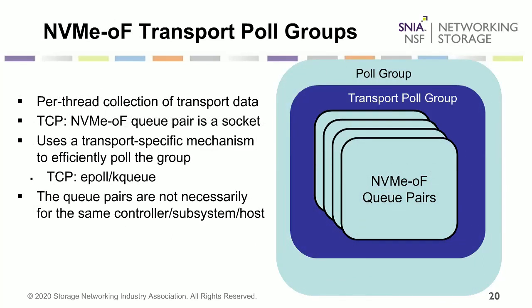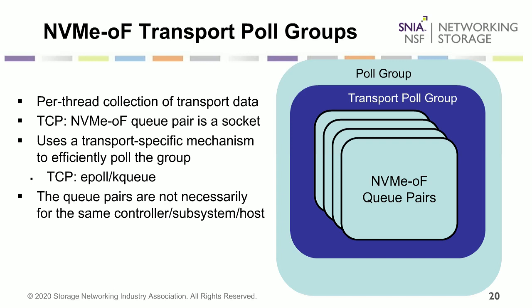So if we dive into what those two things are, a transport poll group is effectively a collection of connections that can be polled efficiently as a unit. Usually transports have some mechanism to poll a set of connections more efficiently than polling an individual connection. And SPDK is all polled mode.